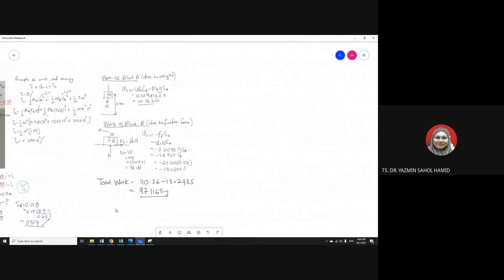Okay, so now we can use the principle of work and energy formula. We know T1 is 0, work is 97.1165, T2 is 0.695 omega squared. So now we can find omega. So what is omega? 97.1165 divided by 0.695, and then, oops, don't forget to square root the answer.